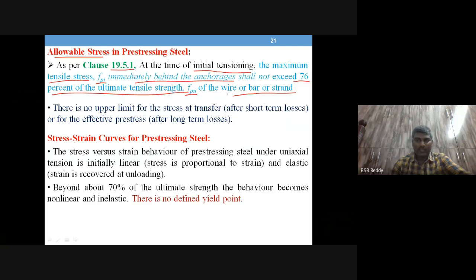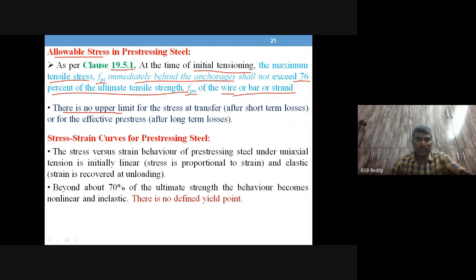And last session we talked about all these values for a wire of so and so form. What is the ultimate tensile strength? Out of that value, you take 76%. For example, if it is 1760 megapascal, that is the limit beyond which you cannot tension the pre-stressing wire, right?